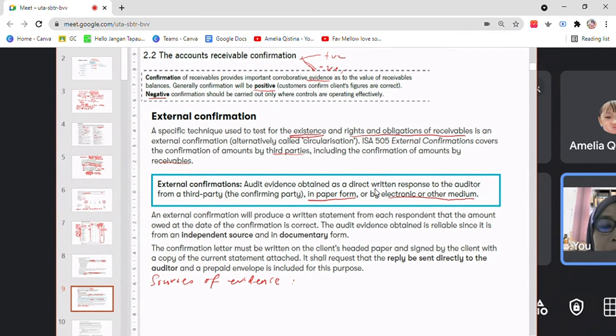Naim? Naim, you rarely respond. Quickly, Naim. How many sources of evidence, Naim, did you learn in the audit evidence chapter previously? Can you hear my question or not?